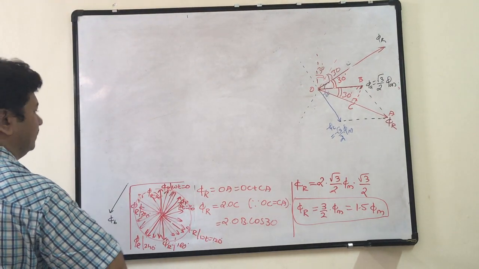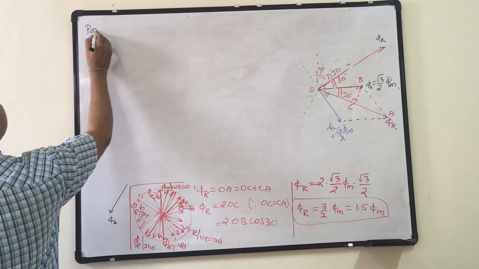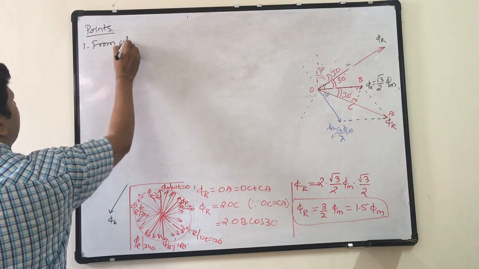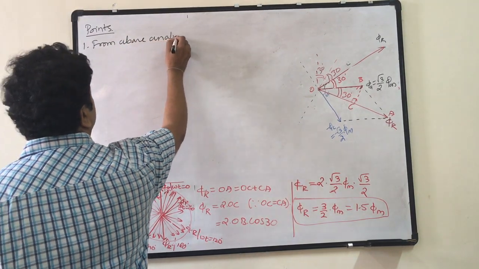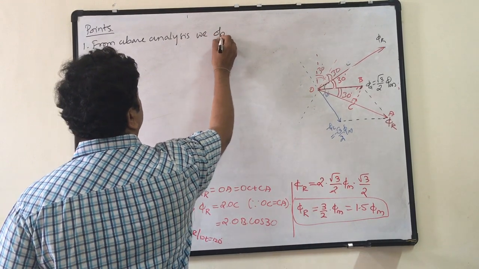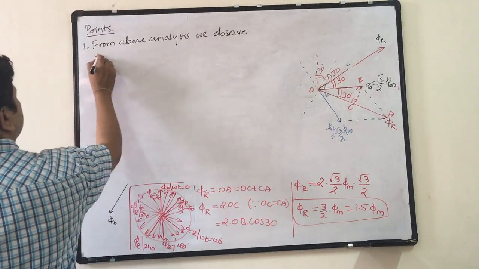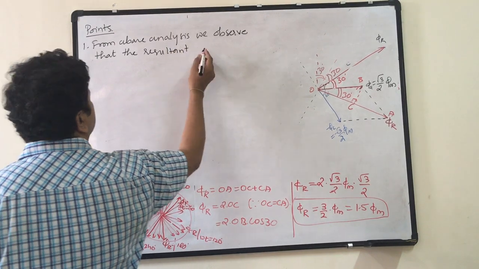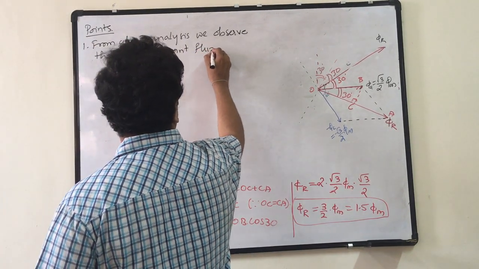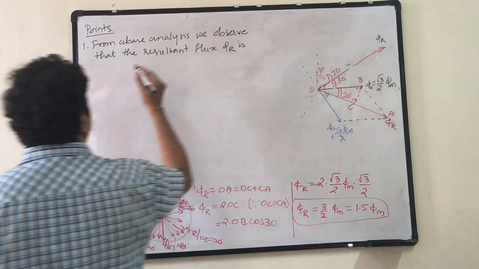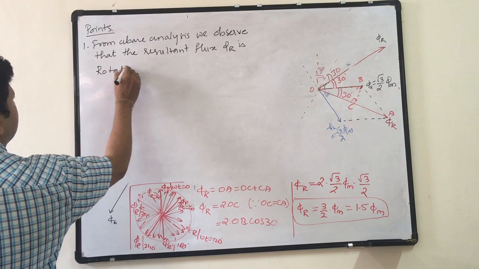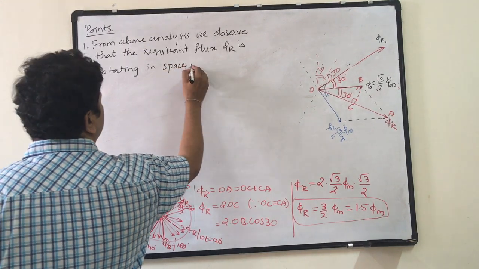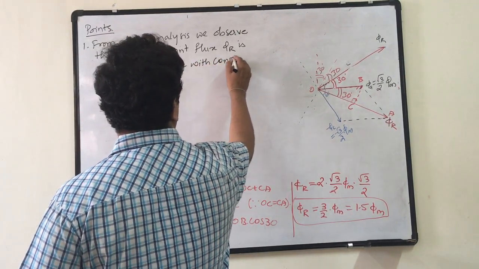We can write one or two statements here. From the above analysis we observe that the resultant flux phi r is rotating in space with constant magnitude.